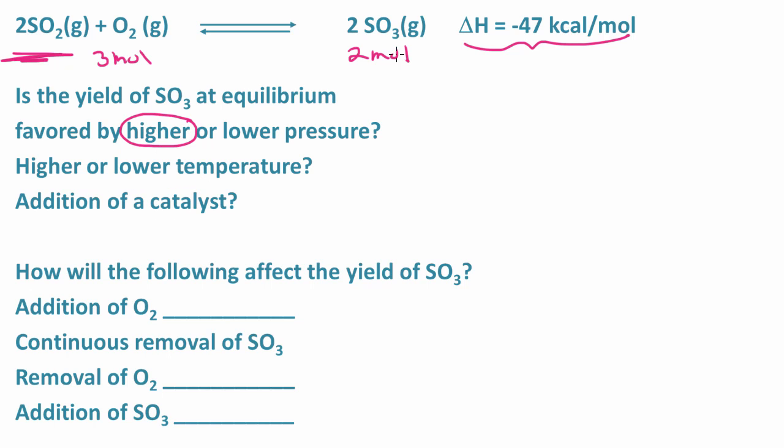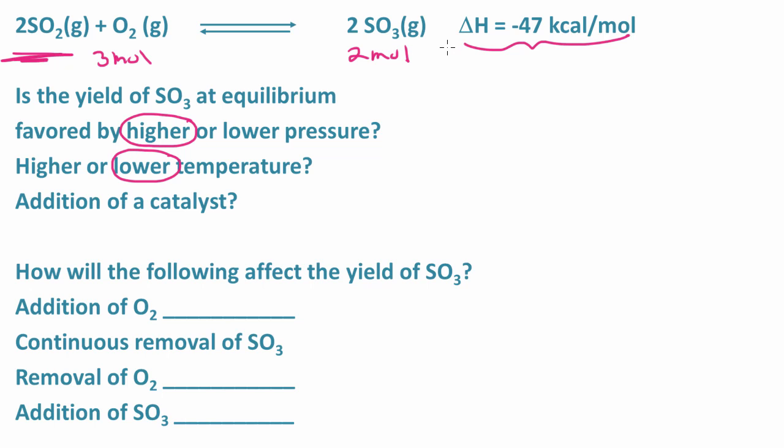Higher or lower temperature? Well, this is exothermic, so we can think of heat as a product. So if I lower the temperature, that means I'm removing the heat from the product side. So then the reaction would shift to produce more sulfur trioxide. So lower temperature.